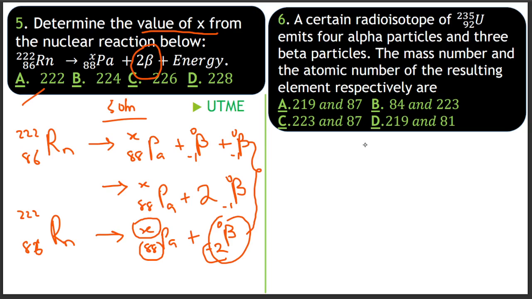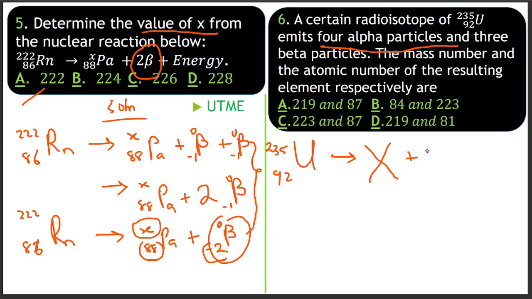Now, number 6, we are asked to find. So let's write the nuclear equation: 235, and then 92. Okay, so the daughter element, I don't know, but I can represent it with X. But we are told that 4 alpha particles and 3 beta particles were emitted.